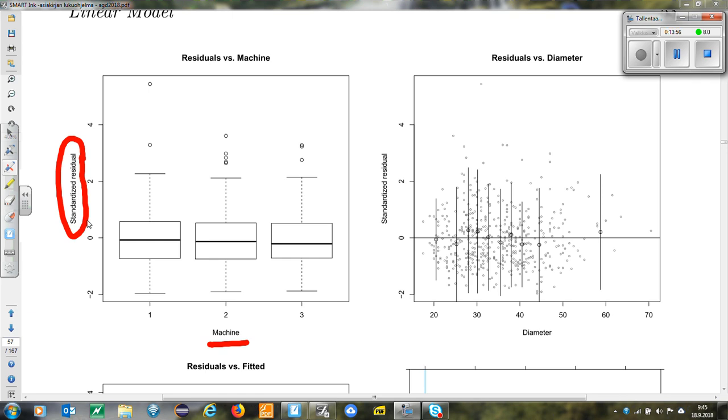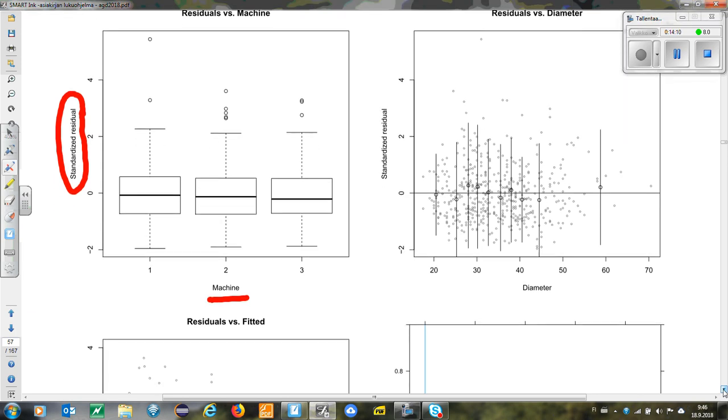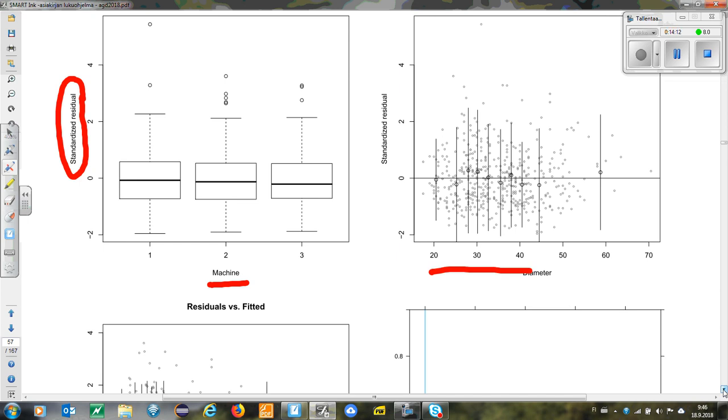So this was explained by the fact that the biggest trees come mostly from the same machine. Therefore the machine that had the highest variance in the previous graph actually also has the biggest diameters. Now when we look at the residuals with respect to diameter, we see from this graph that the variability is roughly constant.